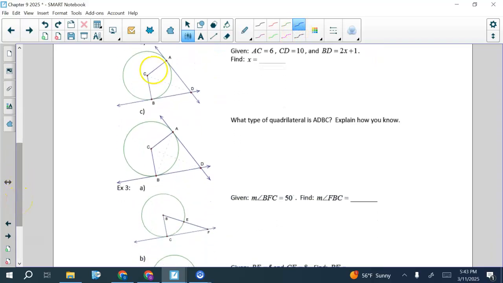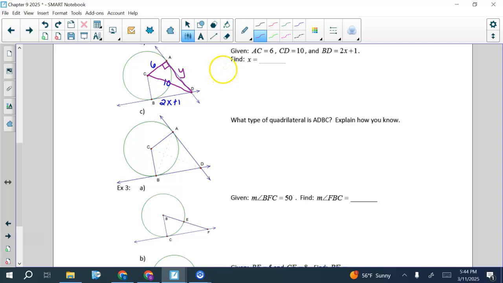Given AC is 6, always helpful to mark your diagram as you get started here. CD is 10, and then BD is 2x plus 1. Find x. So what we can do, I'm going to use the top triangle here. You can see this is going to make a right triangle because remember at the point of tangency, that made a 90-degree angle. So I'm going to call this for a minute y.